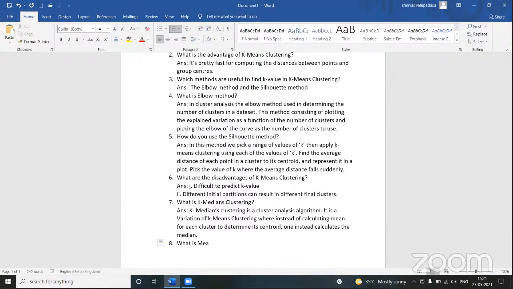Mean shift clustering is a sliding window based algorithm that attempts to find dense areas of data points.